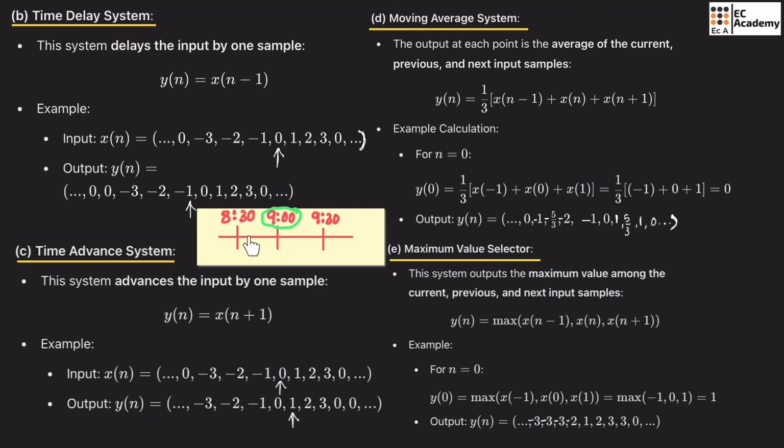As you can see in this representation, if you reach late to the place, the position is shifted towards the right side, and if you reach early, the position of the time is shifted towards the left side. So this you need to remember for discrete time signals. If you are reaching at 9:30, it represents the delay, and if you are reaching at 8:30, it represents the advance. A similar process will happen in a discrete time signal.